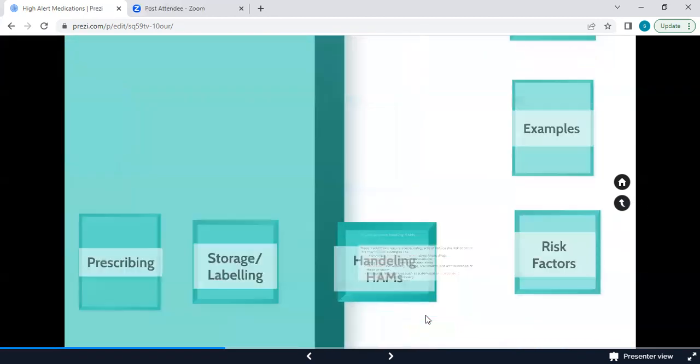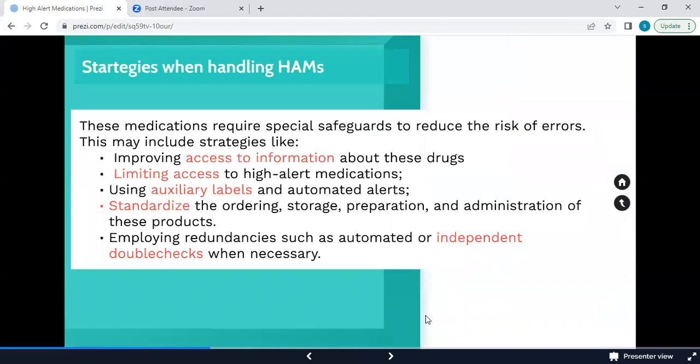Okay, so how can I handle high alert medications? As we said, these medications need special safeguards in order to reduce the risk of error. You have to make sure that there is enough accessible information about these drugs for all healthcare providers: for me as a pharmacist, for the nurses who are using such medication in the wards, even for the nurses who, in some institutes, have access to the pharmacy out of pharmacy hours, and so on.